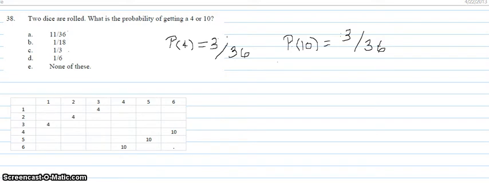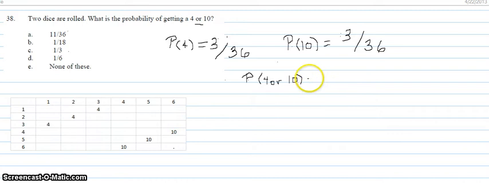Okay, so now that we know that the probability of a 4 is 3 out of 36 and the probability of a 10 is 3 out of 36, it's important to note that it says or. So we need to write our equation down here. We want the probability of a 4 or a 10.